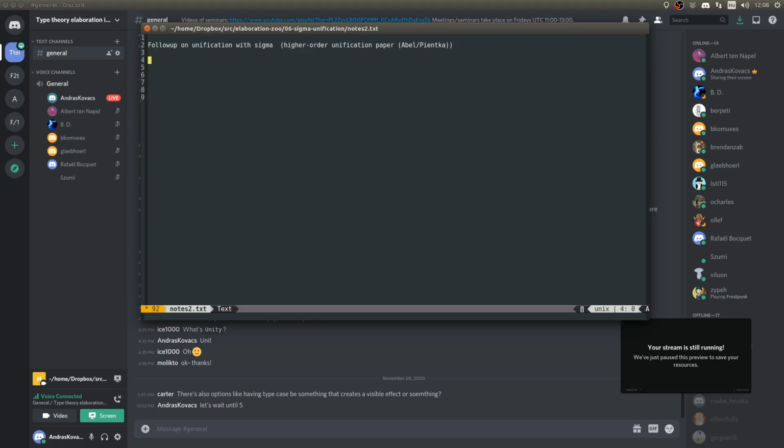If you remember the last session, I mentioned that the point of unification with sigma is that whenever I have a problem in gamma, I want to unify some meta variables, let's call them alpha now. In the implementations in elaboration zoo, I call them a question mark something, but let's use Greek letters instead now.